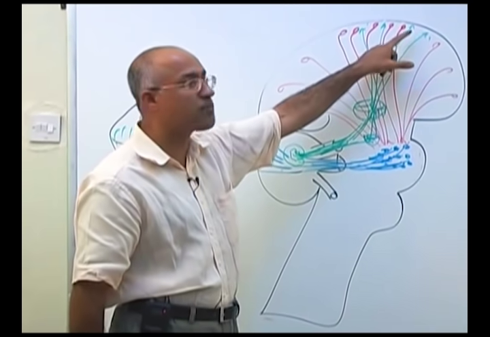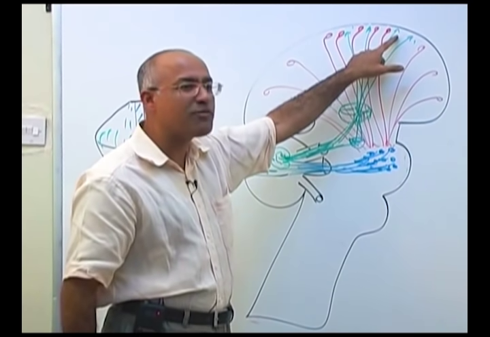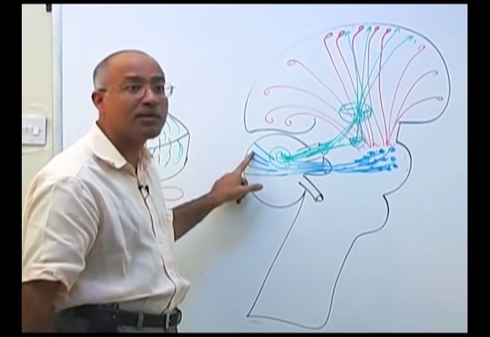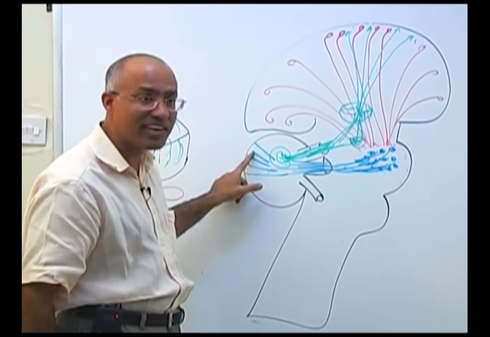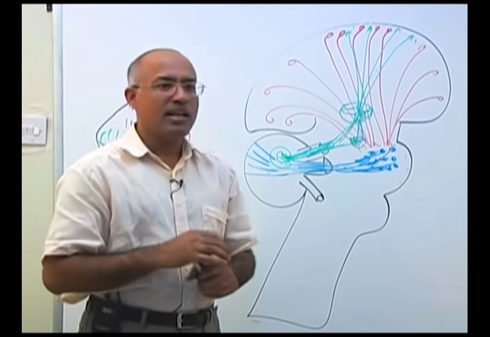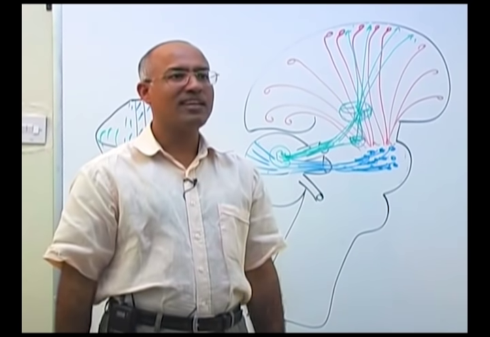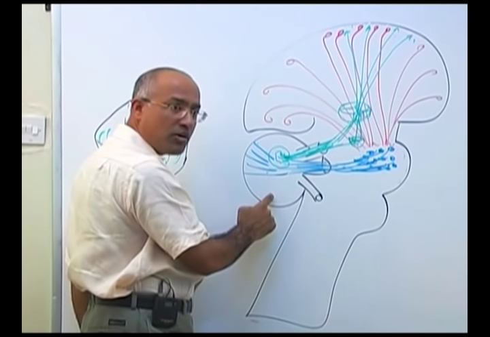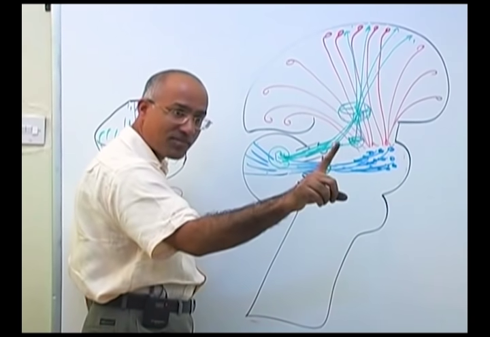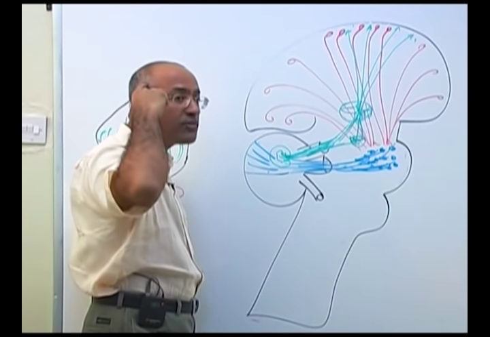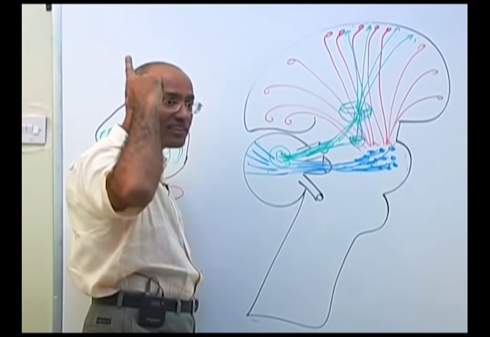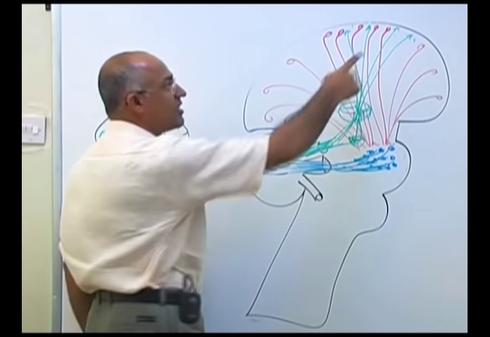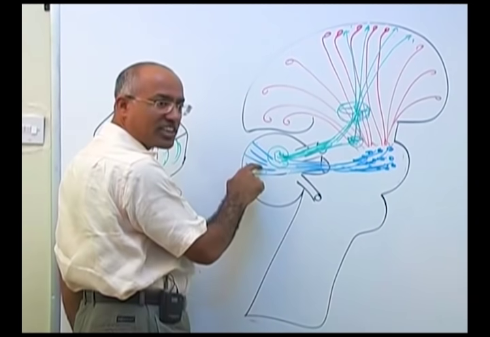This is the pathway when you're planning a movement. The information of intended movement comes here through the cortico-ponto-cerebellar pathway. Now listen carefully. When you are planning any movement, what is the balance of the body? Information is coming from the vestibular system to the cerebellum and back to the vestibular system. What movements are planned or intended to be done comes through the cortico-ponto-cerebellar pathway. And the correction goes back where?